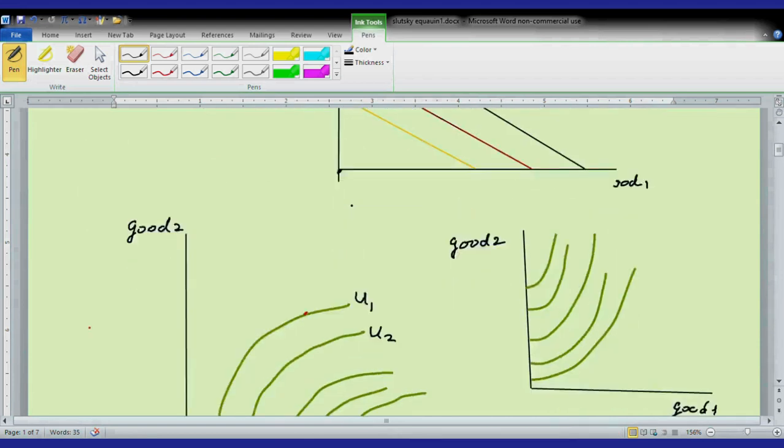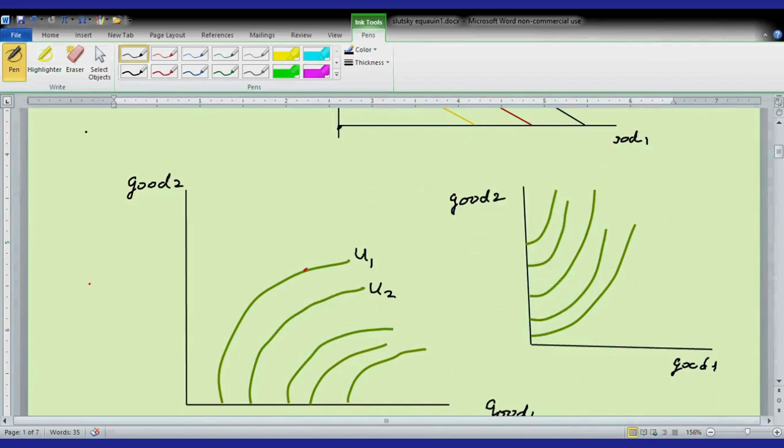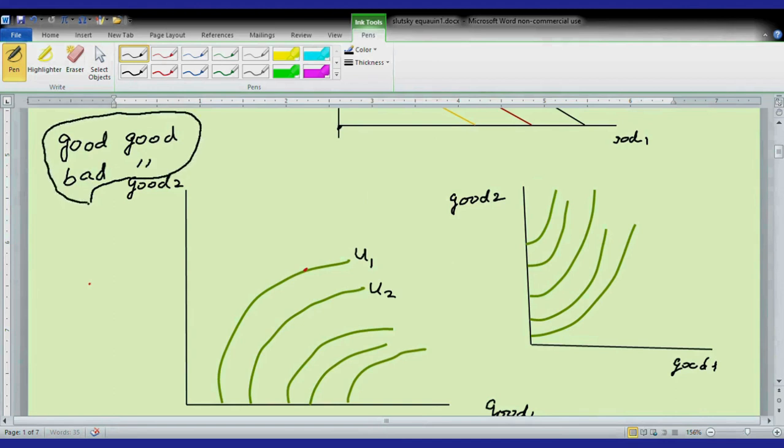And then we have this second classification, which is preference based, where goods are defined as a good, or they could be defined as a bad good. So this is another classification: good or bad good. But remember, and this is a sort of warning, that this classification has nothing to do with changes in income.